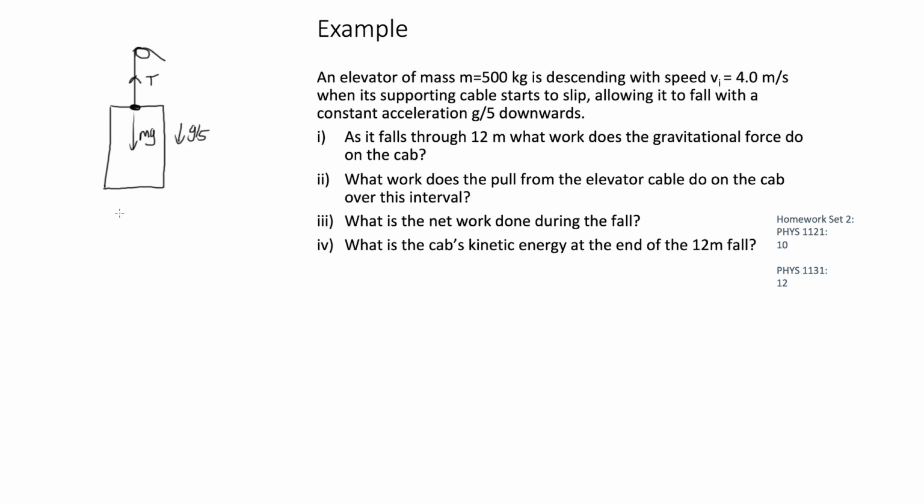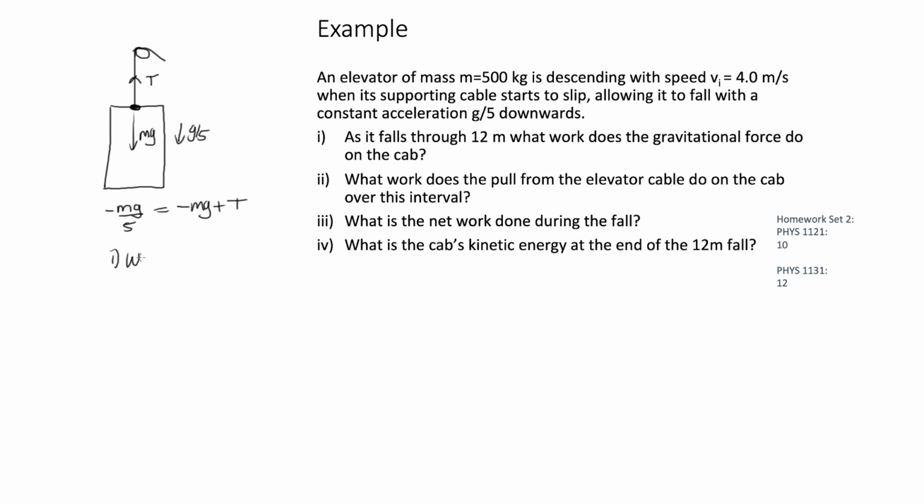So Newton's second law tells us that downwards we've got minus mg on 5. This is the ma, the net acceleration, and that's equal to the sum of the forces. So we've got the weight force pulling it down, and then we've got the tension force pulling it up. Now part 1 says as it falls through 12 meters, what work does the gravitational force do on the cab?